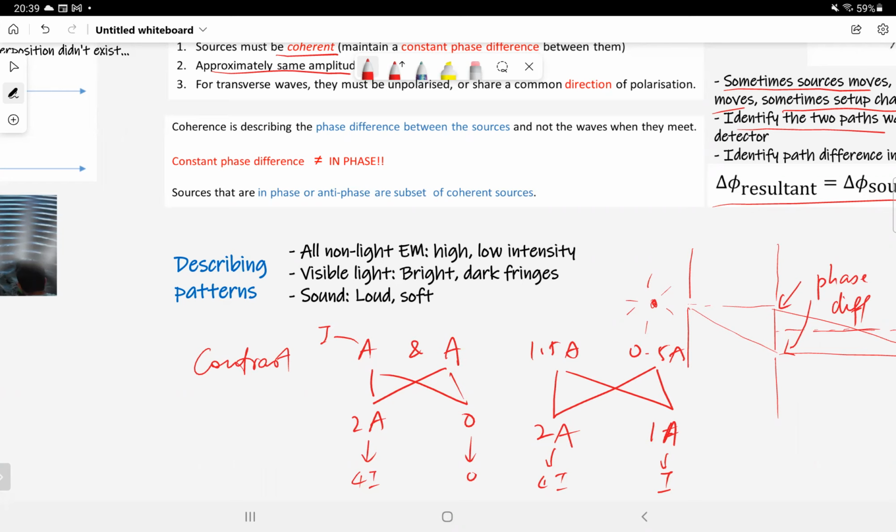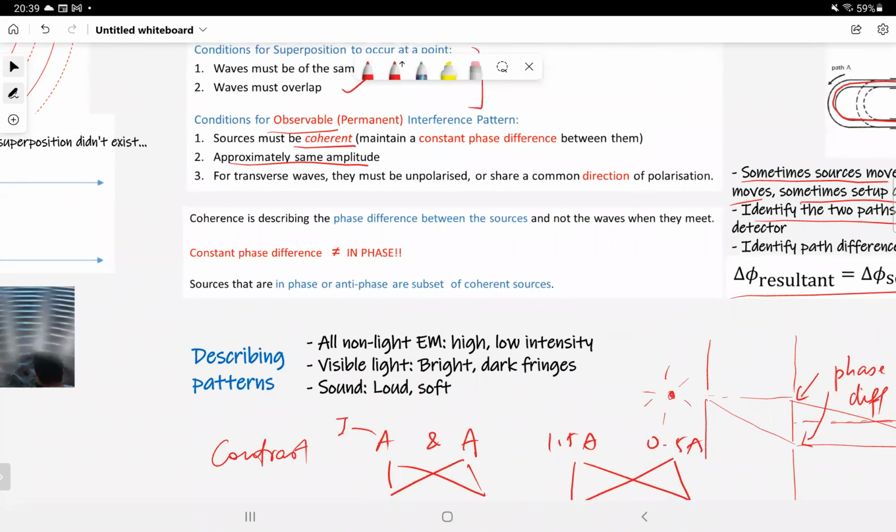And that will mean that it will be observable, because contrast is good.